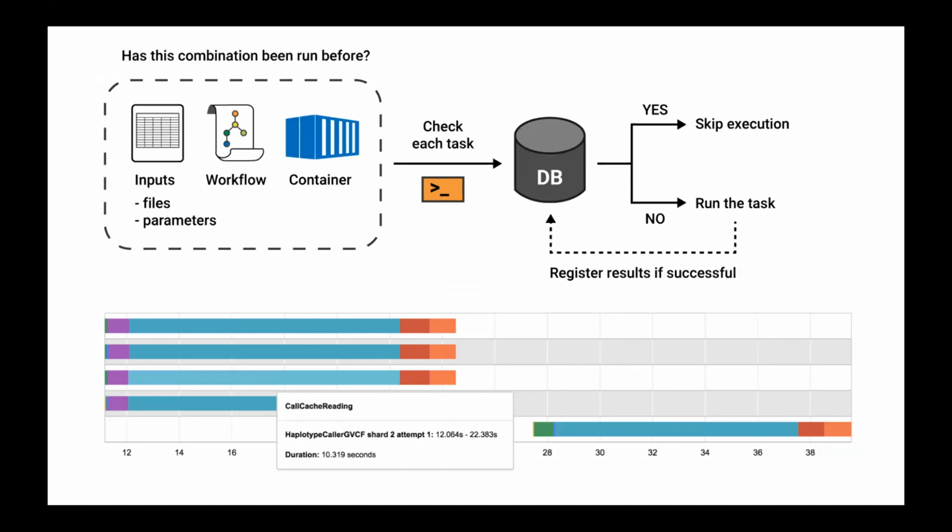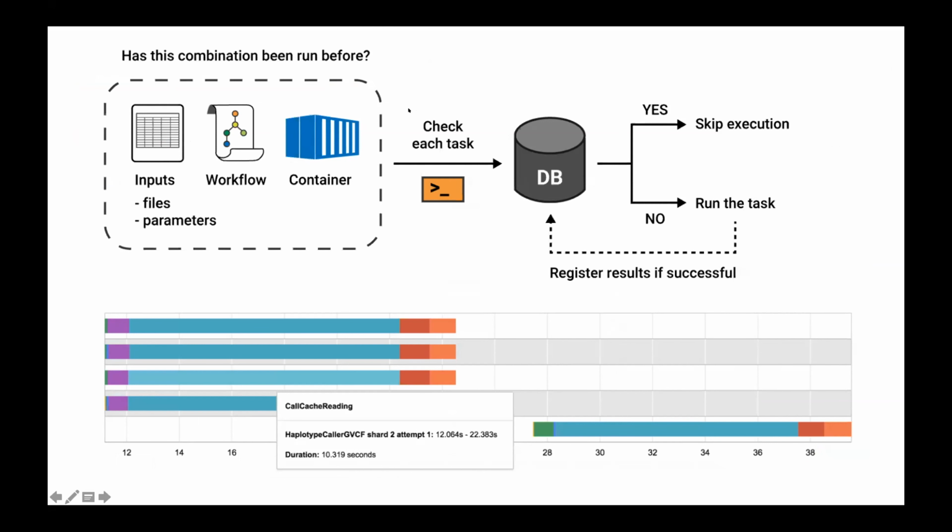Finally, a neat feature of the Cromwell engine is something called call caching. Call caching is the idea that if you've run the same combination before of the workflow code and the inputs, and it's the same files, the same parameters, the same container and the same version, if it's all the same thing, well, we don't want to run it again if we've already run it before.